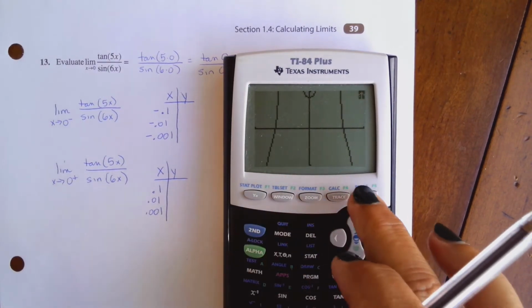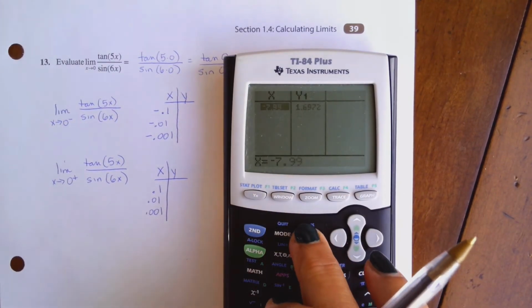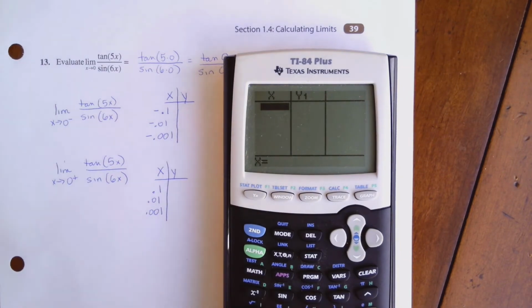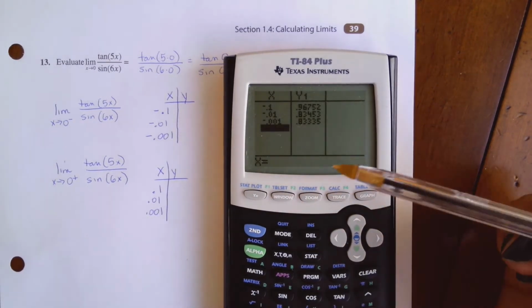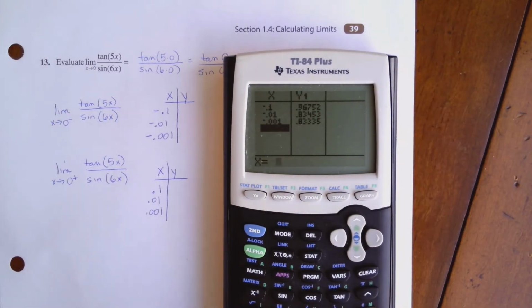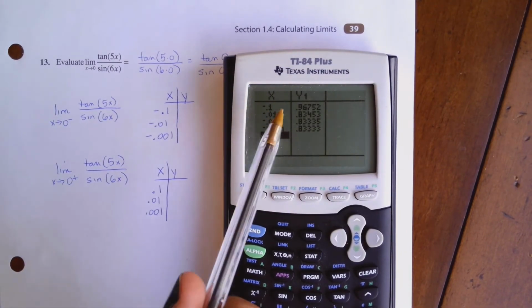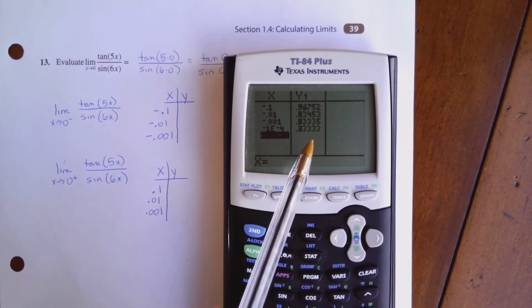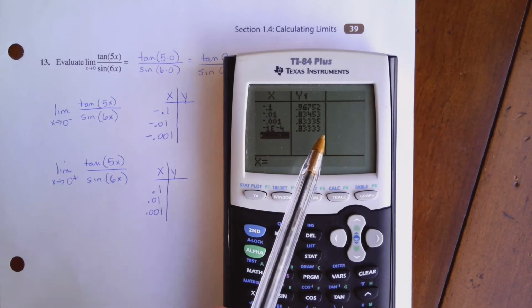So table, I'm going to clear out those. All right, so I'm going to put in -0.1, -0.01, -0.001. Okay, and you can see your values are getting close to 0.833. I think I'm going to do one more 0. All right, so I can feel pretty confident that my value is getting close to 0.8333, right?